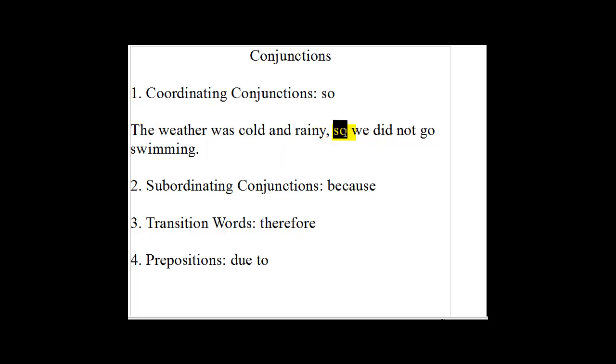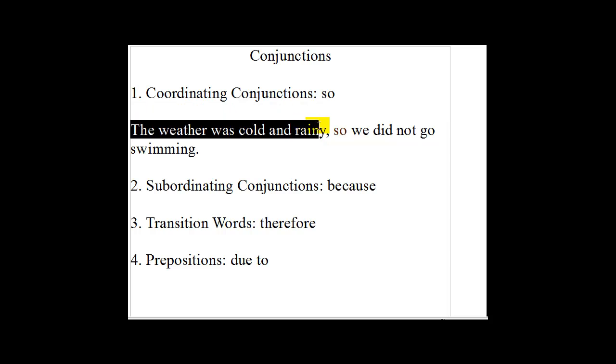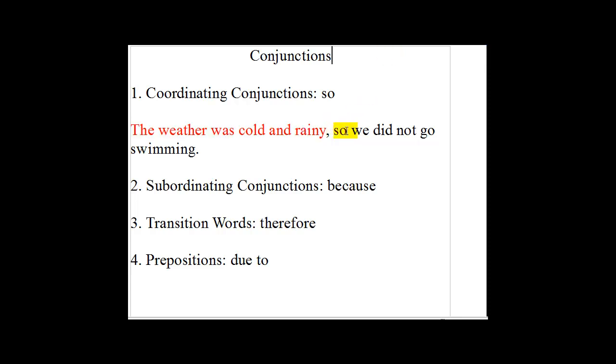Now, as you can see, we have the coordinating conjunction in the middle. Just kind of make that brown. And then we have our independent clause on both sides of the sentence. Let's make these red so you can understand that.